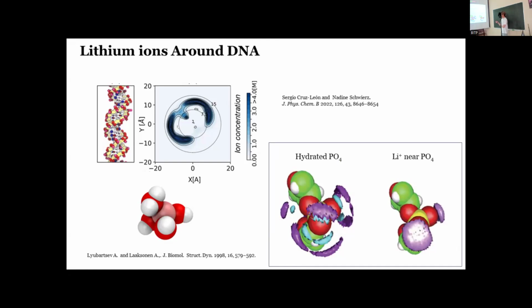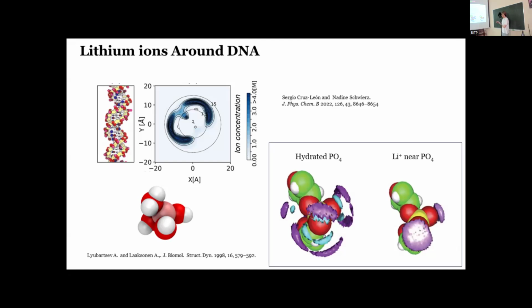Additional insight into these interactions was provided in the earlier molecular dynamics study by Lyubartsev and Laaksonen. Here are the figures from their study. It's the spatial distribution function of the water molecules near the phosphate group. The water molecules are shown here in violet and blue: violet for oxygen atoms, blue for hydrogen atoms.